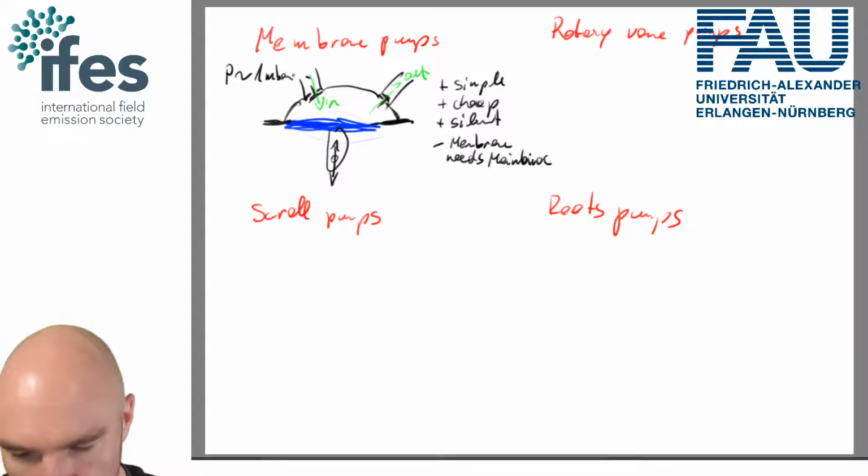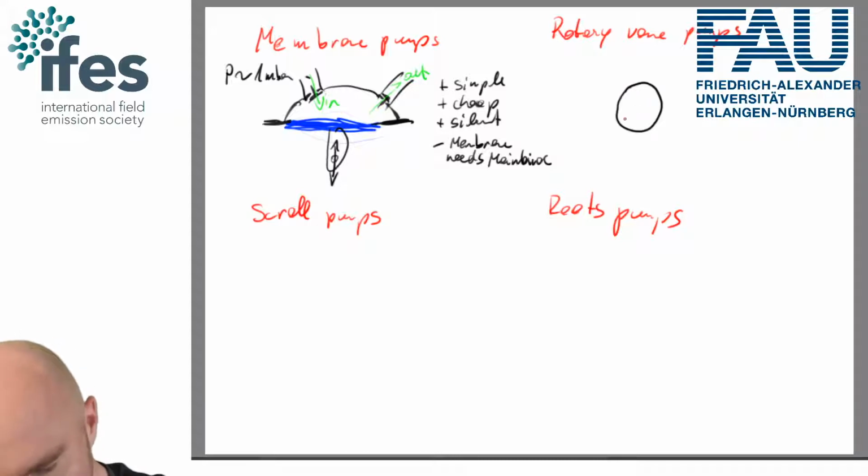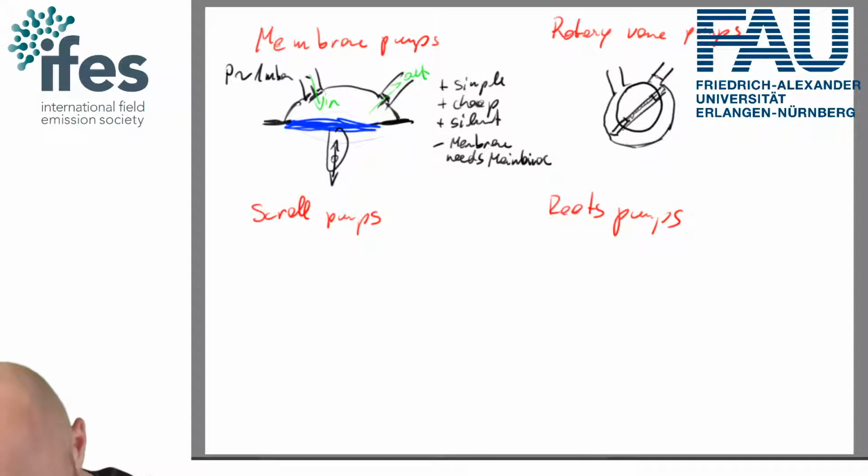So the next one that we have is the rotary vane pump. The rotary vane pump essentially works by having a drum with a slit, and you have some vanes coming out here, and eccentrically to it, I should probably draw that afterwards, you've got a chamber, and again you've got an inlet and an outlet.